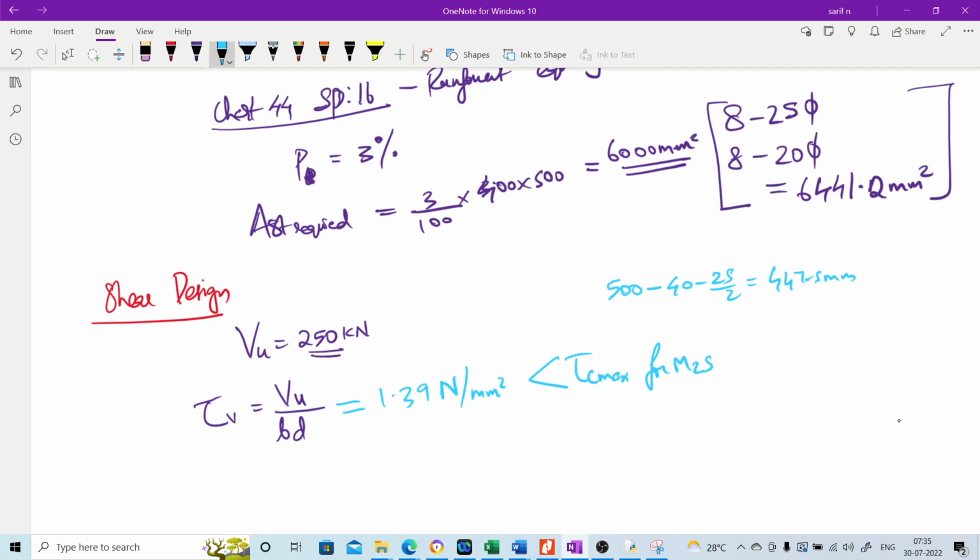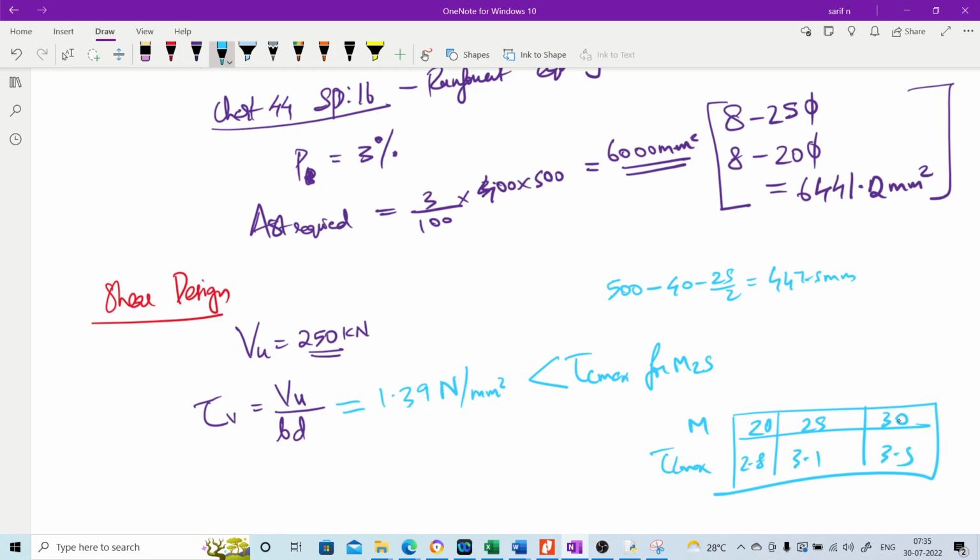Tau C max for grades 20, 25 and 30, we know the values 2.8, 3.1 and 3.5. So this value for M25 is 3.1 Newton per mm square. Now we have to find out the design shear strength of concrete.